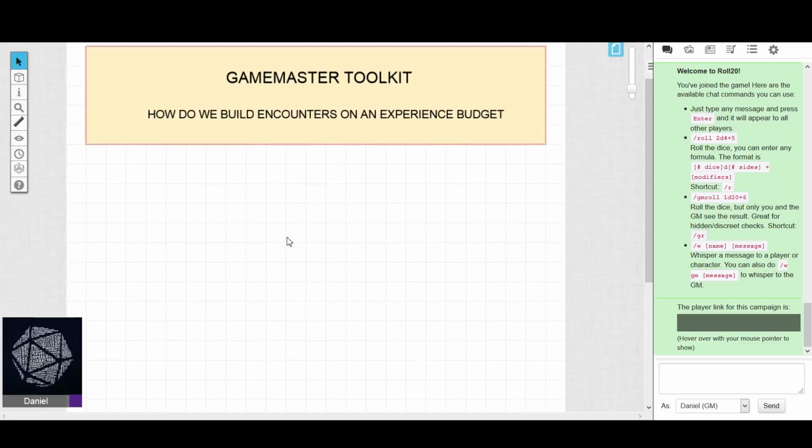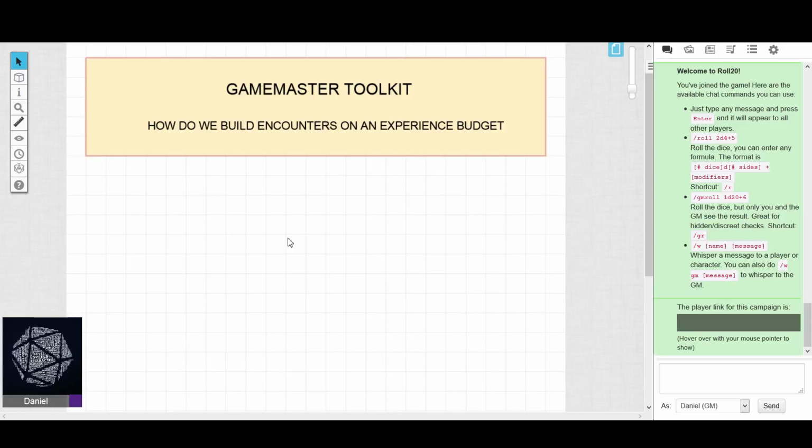To build encounters and to understand the Pathfinder method of encounter building, we're going to look at it in 3 steps. First, we figure out the average party level of the adventuring group, of the players. So, figure out the APL.